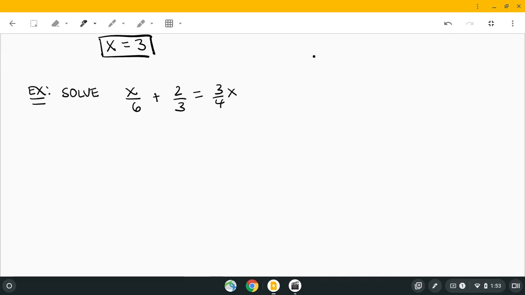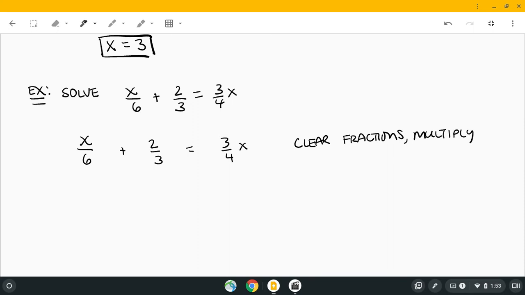get rid of our denominators. Okay, let me go ahead and write the problem down here. Okay, so we are going to clear our fractions, and we do that by multiplying all the terms, whether they're fractions or not fractions, but you're going to go ahead and multiply all the terms on both sides by the LCD.